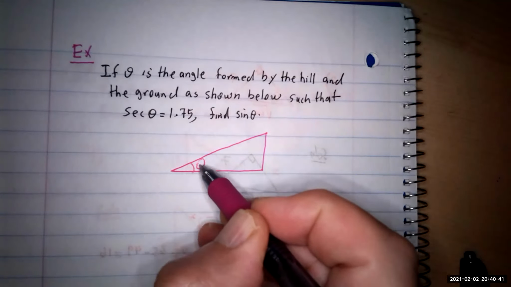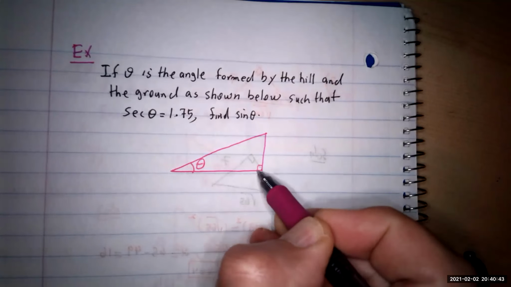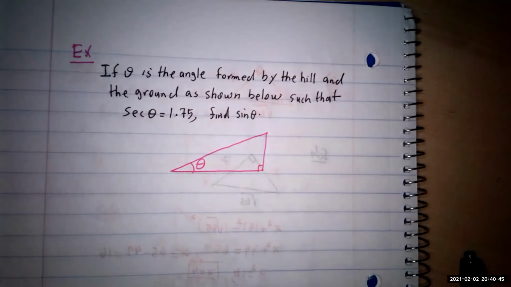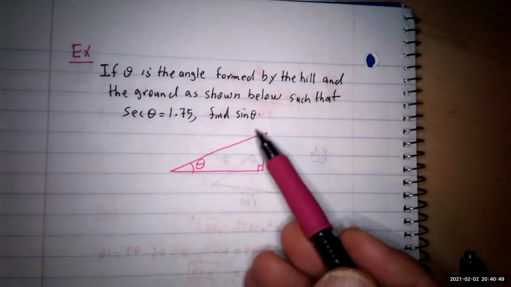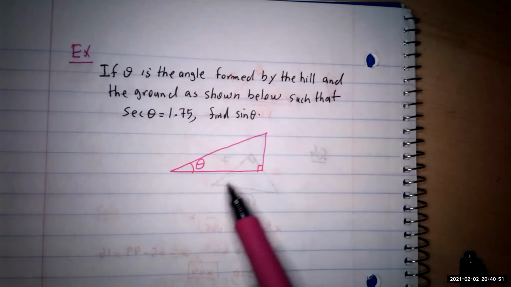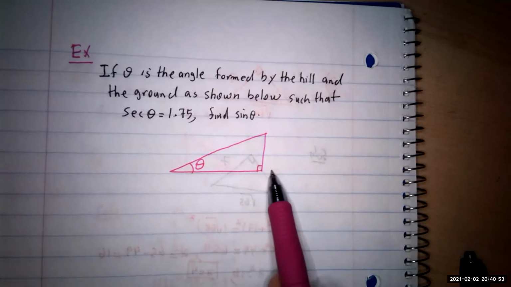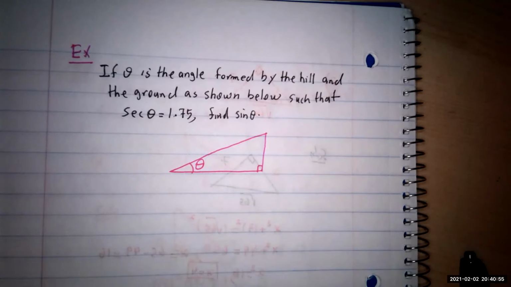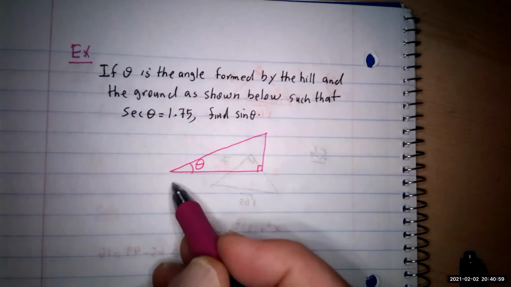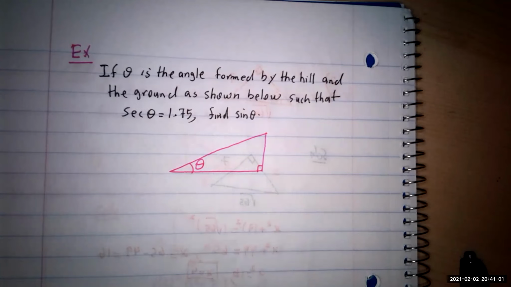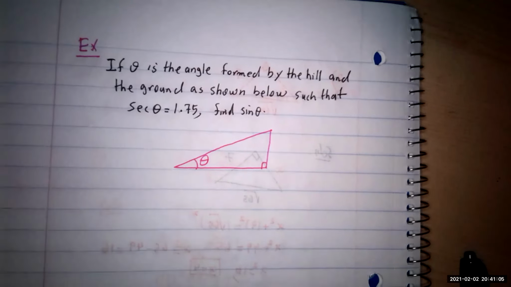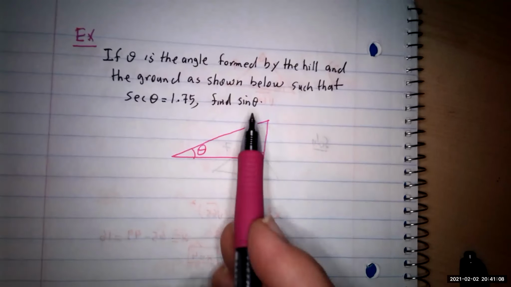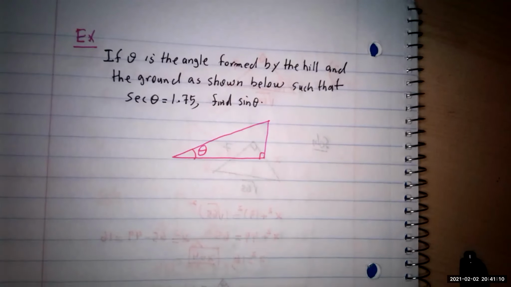This is the angle formed by the heel and the ground. The only information that you have is the fact that the secant of theta is equal to 1.75, and you would like to find the sine of theta.